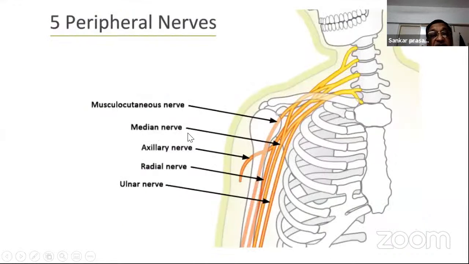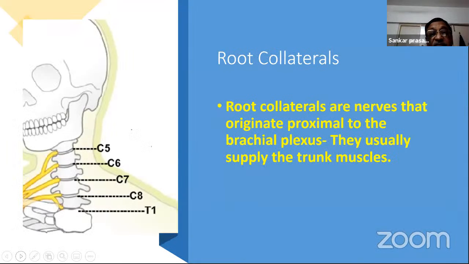And the important nerves in the upper limb are the musculocutaneous nerve, median nerve, axillary nerve, radial nerve, and ulnar nerve. The sensory innervation of the nerves originating from the brachial plexus will help us in localization, so very important.